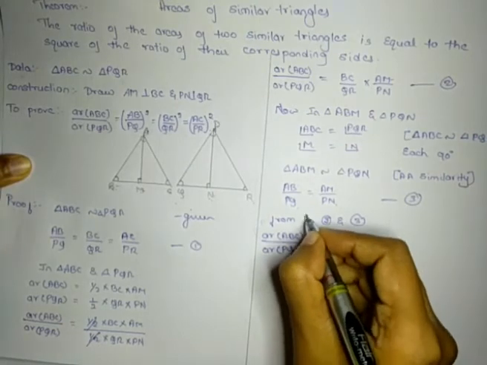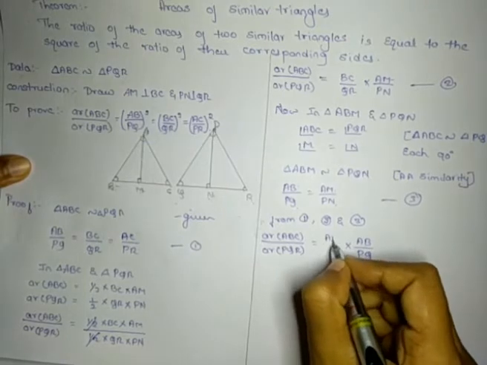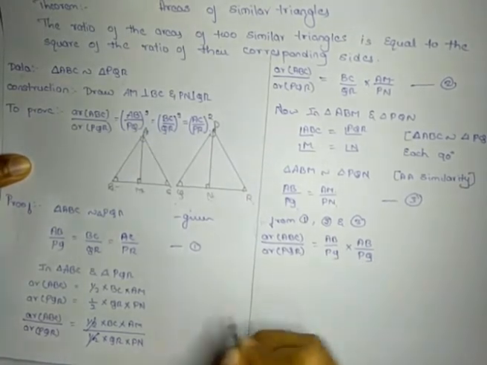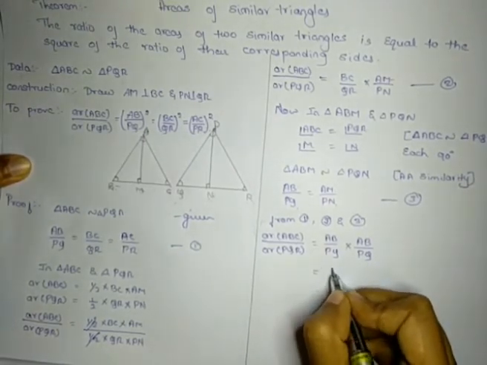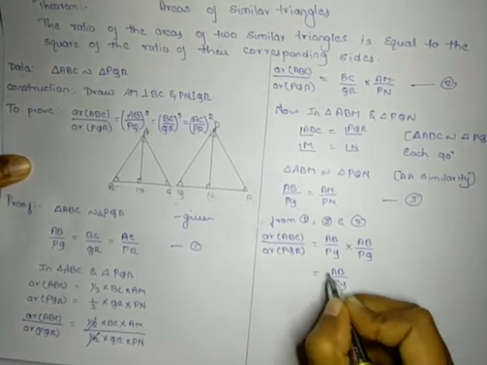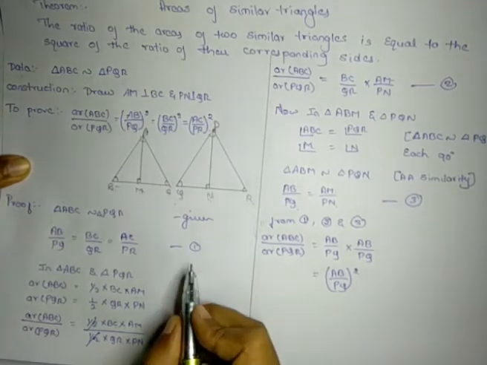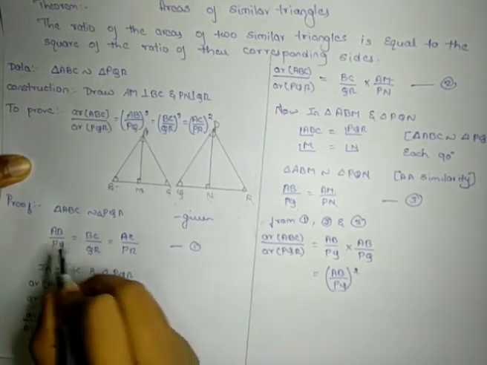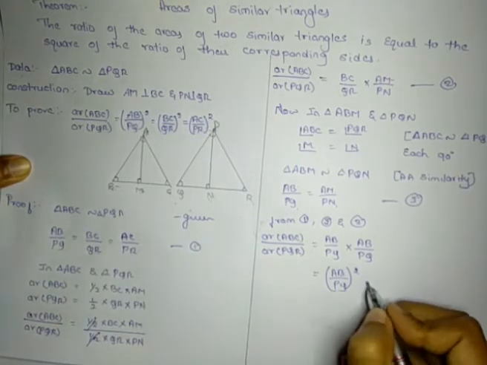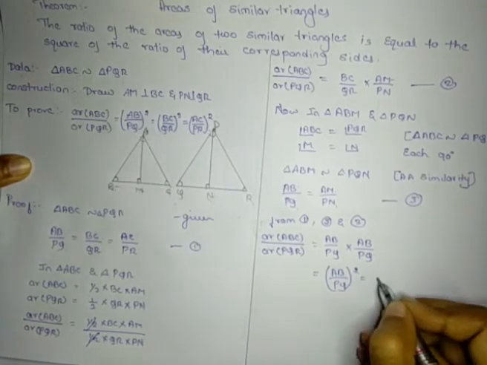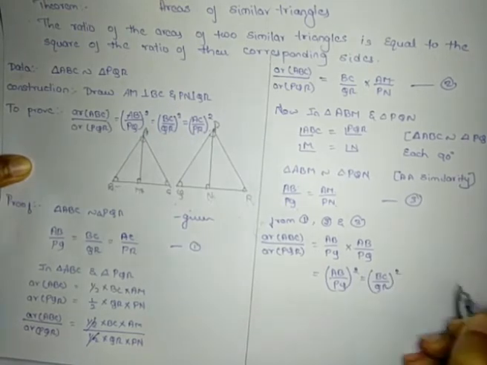So from 1, 2 and 3 we obtained the equation AB divided by PQ, isn't it? Now we multiply, so AB divided by PQ whole square we got. Similarly from 1 you can observe that AB divided by PQ is equal to BC divided by QR, so I will write BC divided by QR whole raised to square.